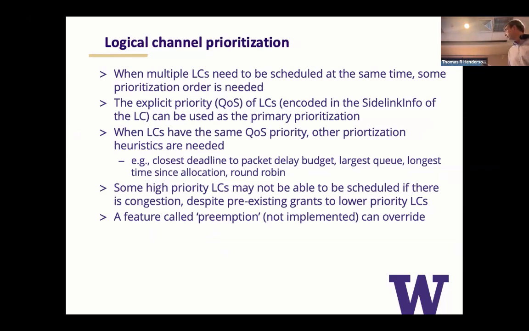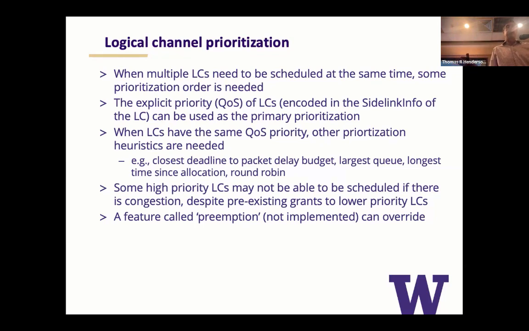But basically, the logical channel prioritization can be handled by first looking at the priority of the logical channels. And this can be used as a primary means of prioritization. When logical channels have the same QoS priority, then we need to add some other heuristics. So it could be, for instance, closest deadline to the packet delay budget, which queue has the largest backlog, which one was the longest time since it's been allocated, or it could be a round robin scheduling policy.